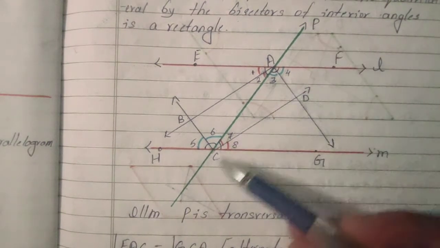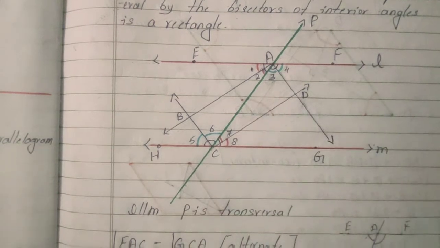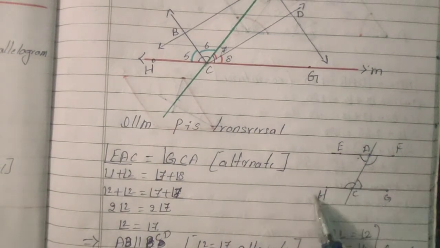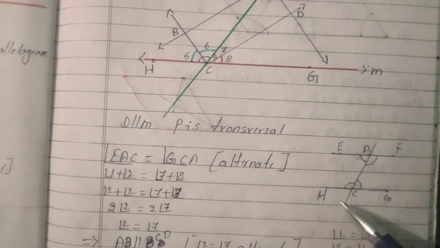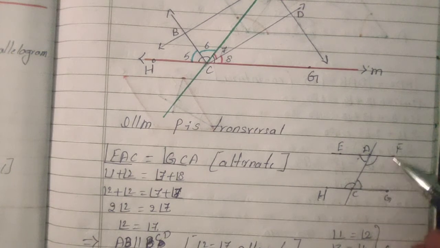This is transversal line P. Let me show you. When you draw, you will get 4 interior angles between these two parallel lines. Yes or no? Yeah. Now, what is happening?